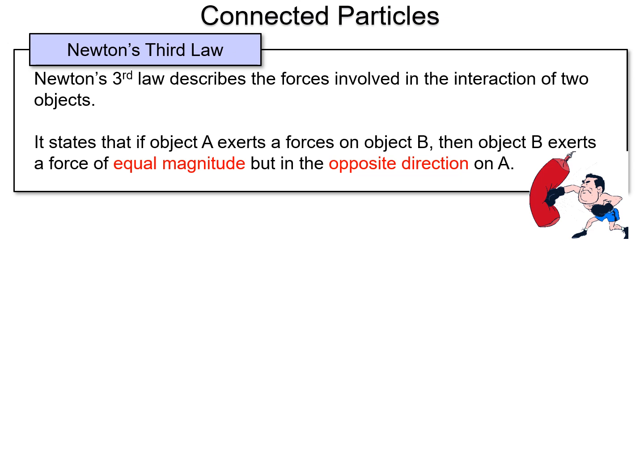It states that if an object A exerts a force on object B, then object B exerts a force of equal magnitude but in the opposite direction. So if you now try slapping the wall, you'll find your hand hurts as well as the wall because the wall's hit back. So that's what is meant by it. They're both pushing at each other.